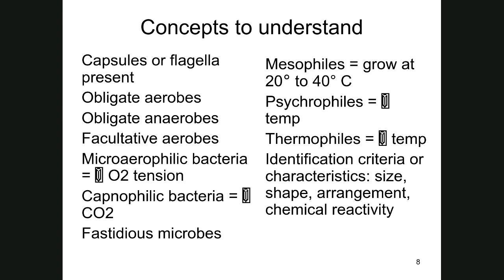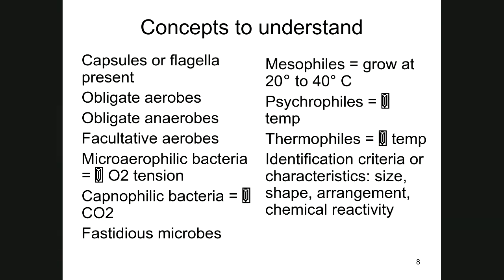So I can see some of these arrows are a little bit confusing. So psychrophiles, decreased. Thermophiles want a little higher temperature. So if you have a specimen from a reptile that is going to be cold-blooded, you don't want your incubator at 37 degrees. You're going to want it less because they're psychrophiles.